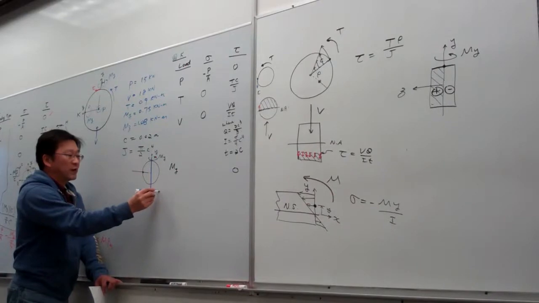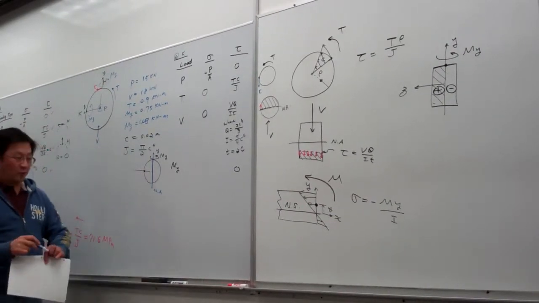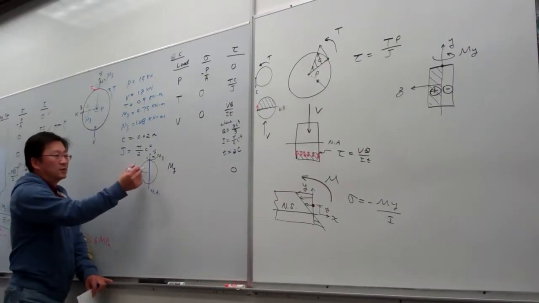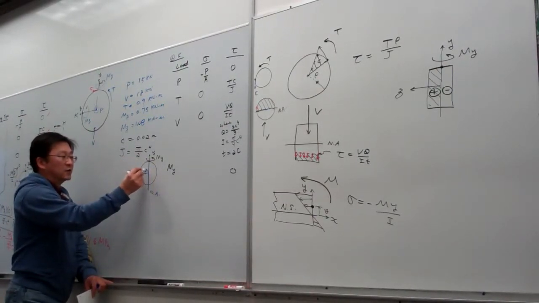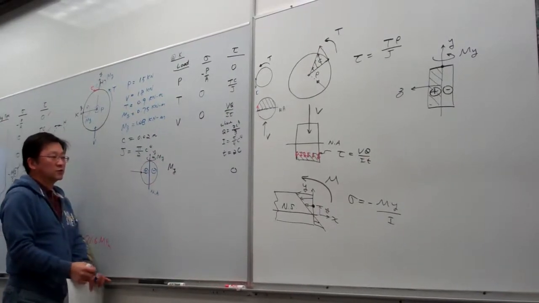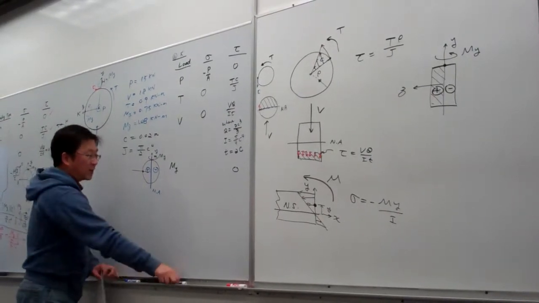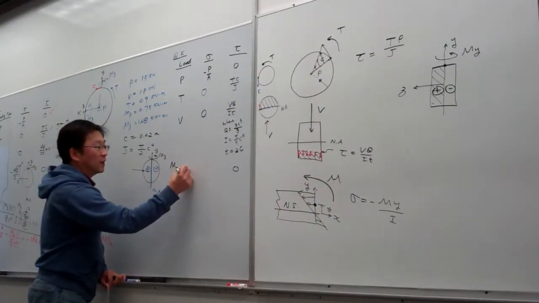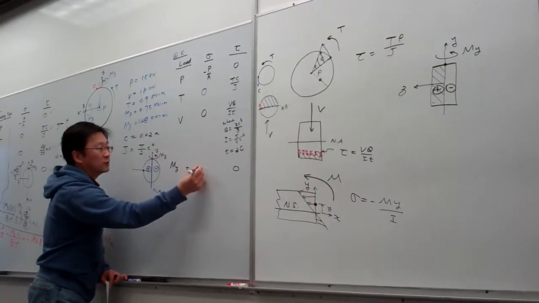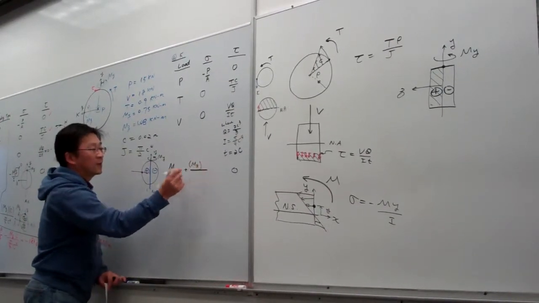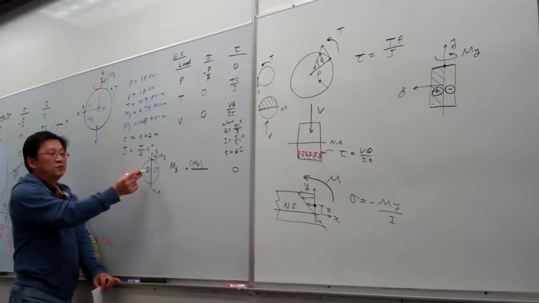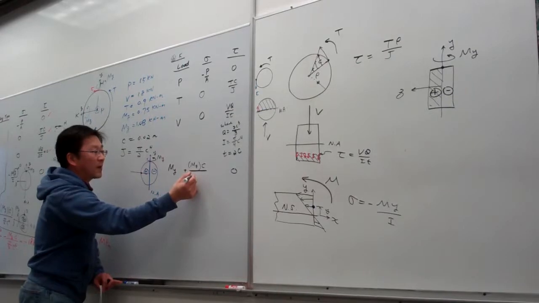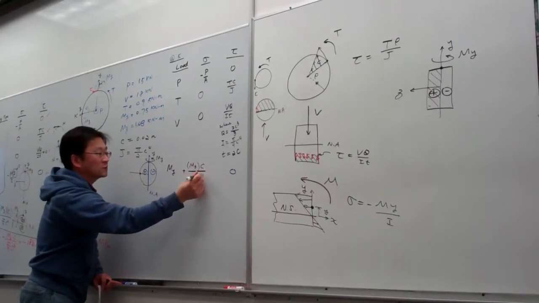So this is the neutral axis. Once we have the neutral axis determined, the left-hand side is in tension, the right-hand side is in compression. So the point K due to the MY is in tension. The magnitude is MY, and the distance from the point to the neutral axis is our radius, c, divided by I. I is pi over 4 c to the 4th power.